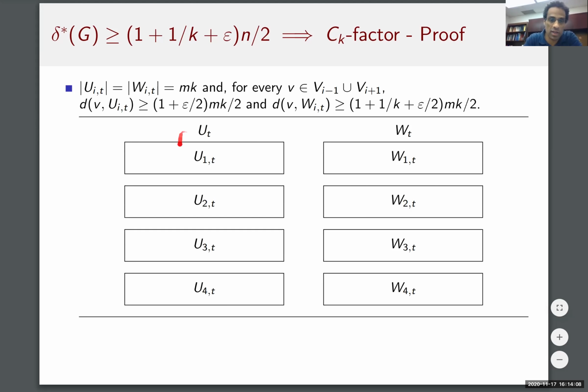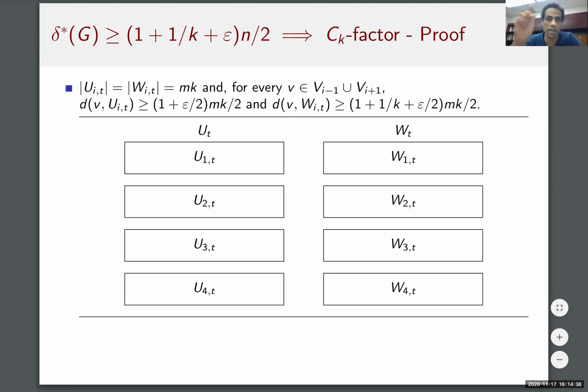These are the uncovered vertices. This is UT from the previous slide. And this is an untouched column here, WT. And here are some assumptions I have going in. These are the relevant vertices for the ith part, the ones above it and the ones below it.